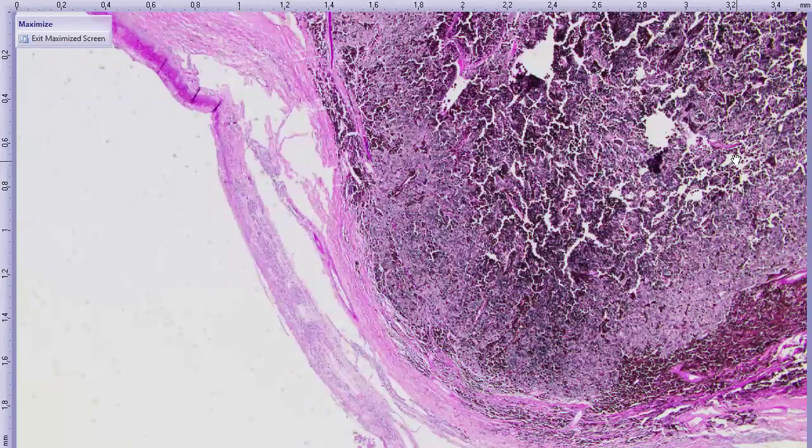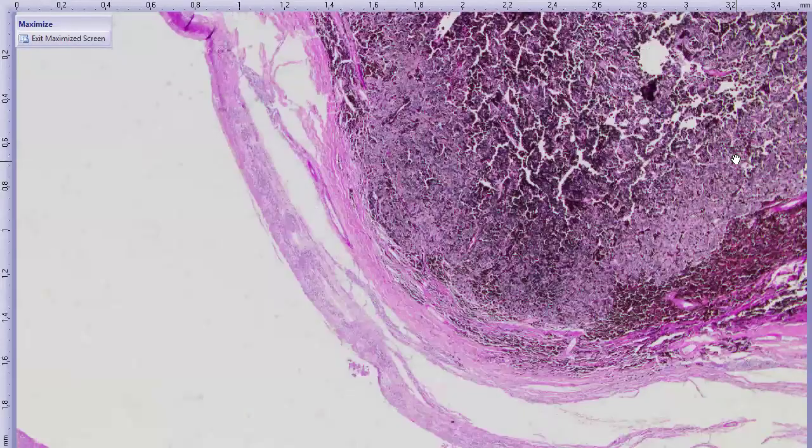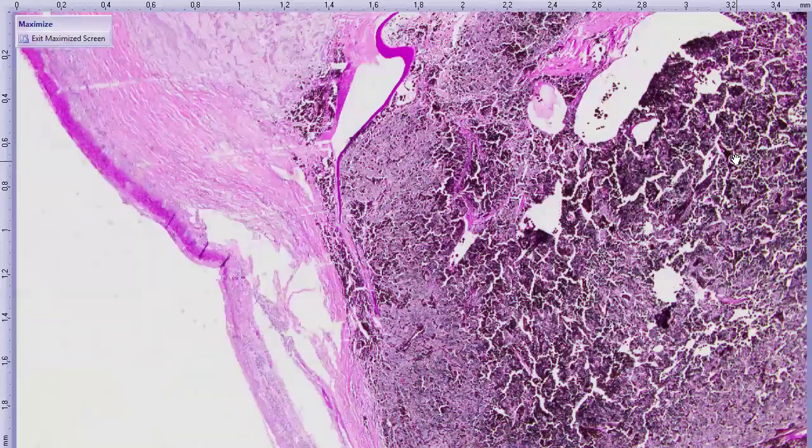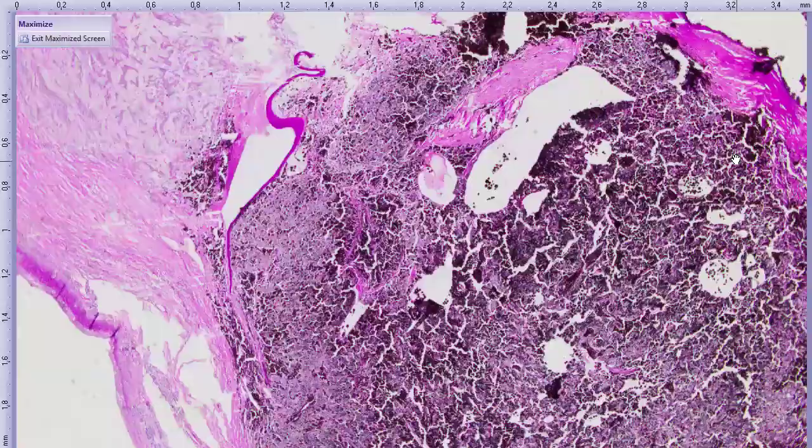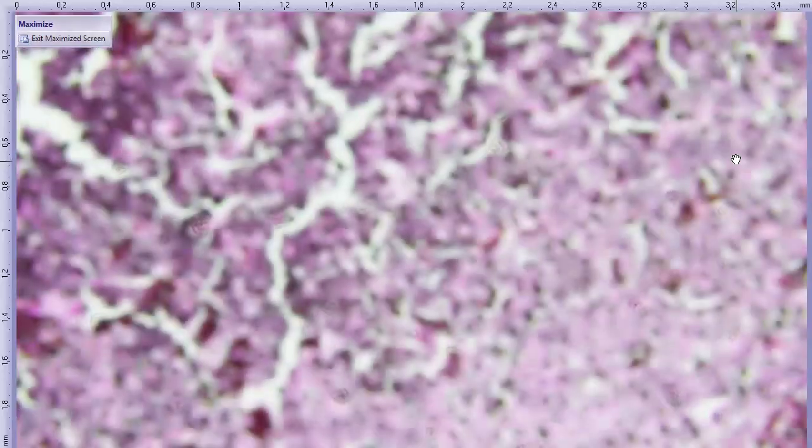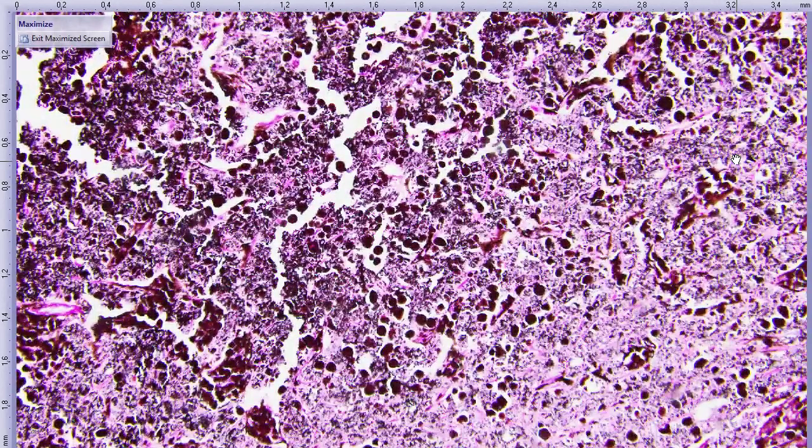Right. So is this the population you're talking about? The epithelial cells in the cornea? Okay, so this is that population of cells that's infiltrating more the limbus than anything else.